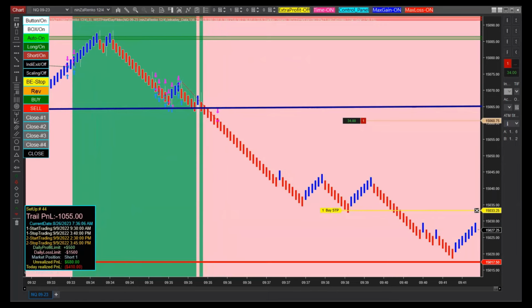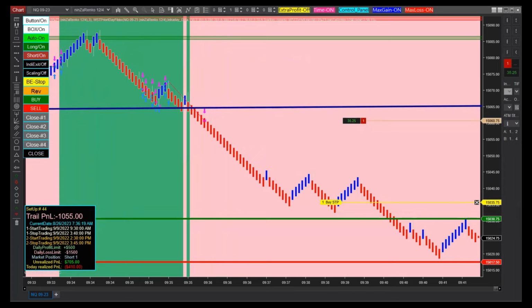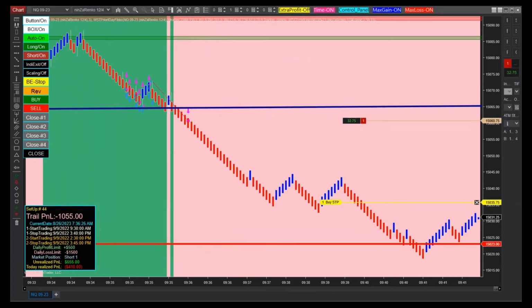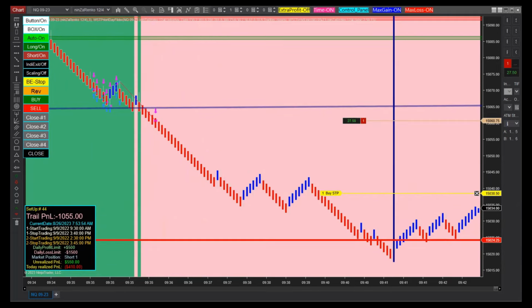Probably will be next to impossible to do this manually. At least I would not be able to. The stop is not moving. Resistance is still in the same place.